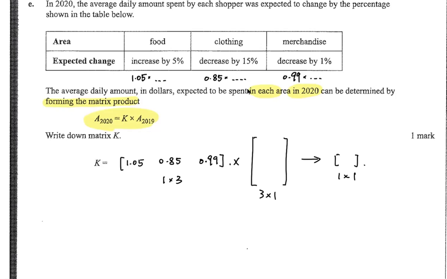So how can we find the expected amount to be spent in each individual area? Probably that is not the way. So we want to consider our output will look like that.